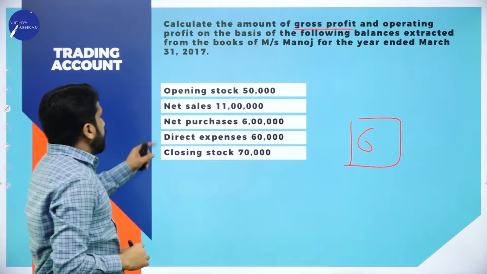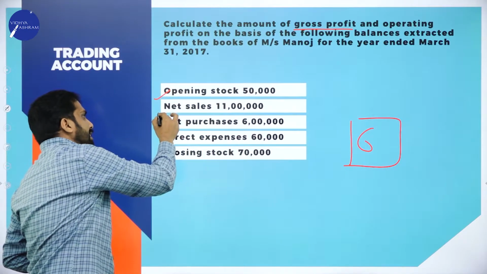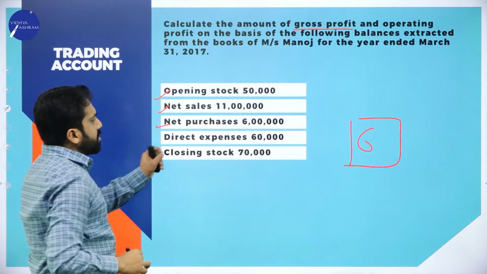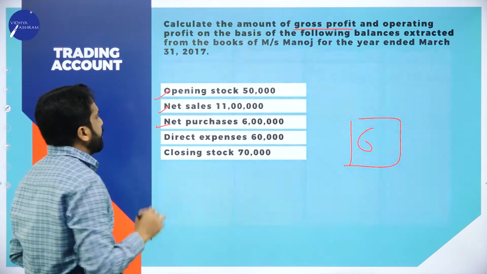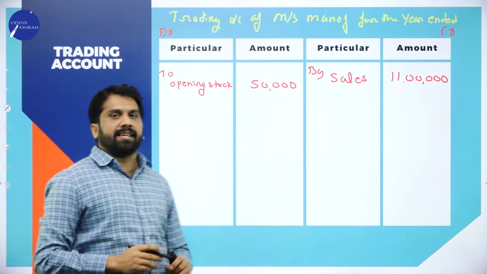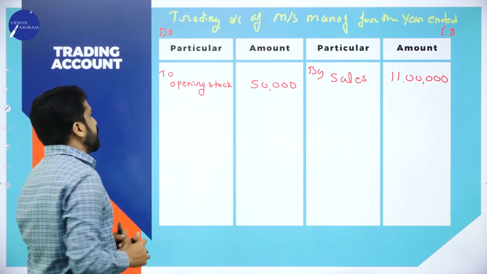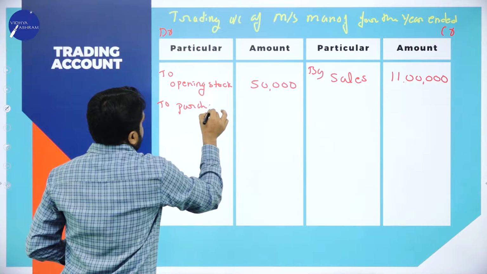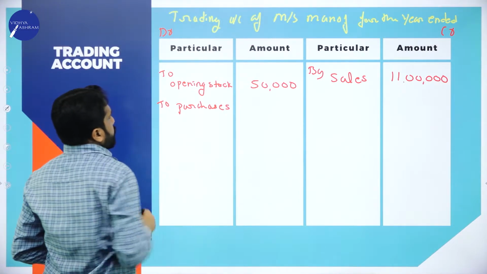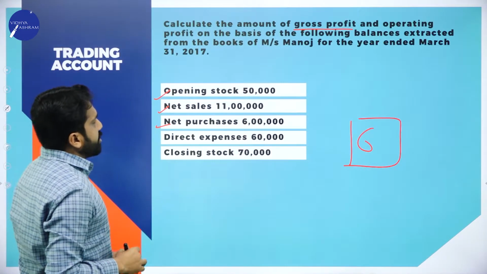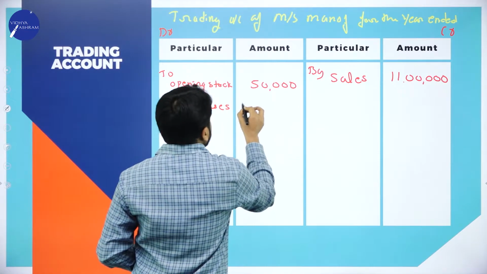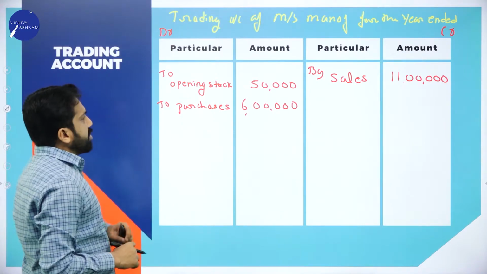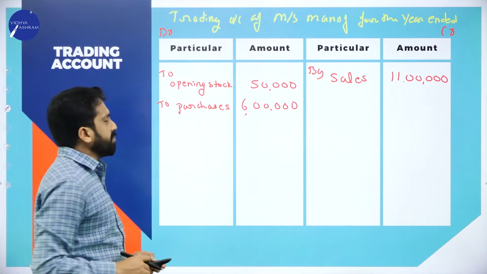Next, opening stock is over, sales also over. What is the next one? Purchases. Purchases, how much do you have? 6 lakh. Now, debit or credit side? It is debit side. To purchases, we have 6 lakh. Purchases over. What is the next one?